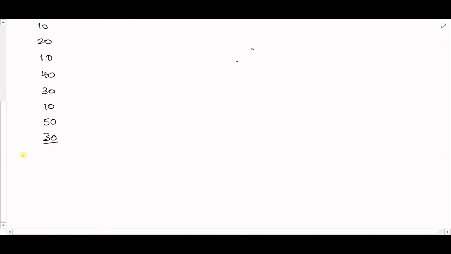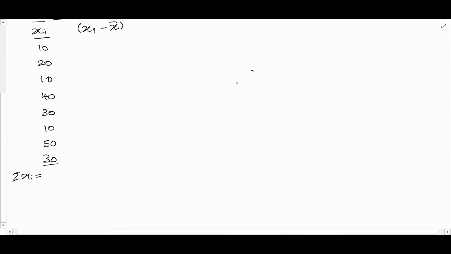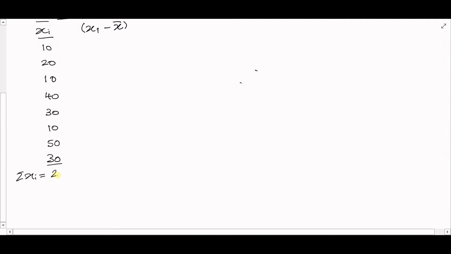The mean is the sum of all the values of the data set. Here xi is 10, 20, 10, 40, 30, 10, 15, 30. You get a total of 200, and you have 8 observations, and hence the mean turns out to be 200 over 8, which is 25.